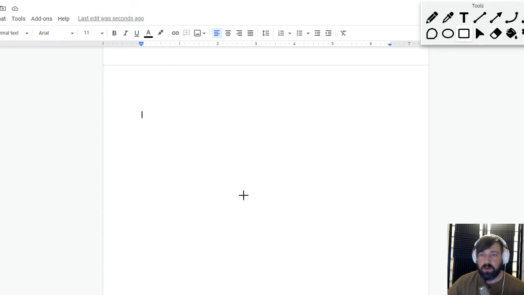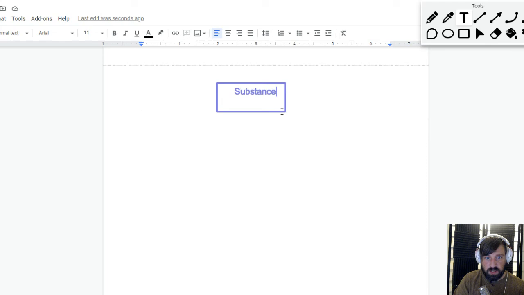So we want the flowchart to kind of look like this. We start up here with our substance, right? Then you're going to draw a line down, make another box, and this box is going to be some sort of test. Let's say melting point test.